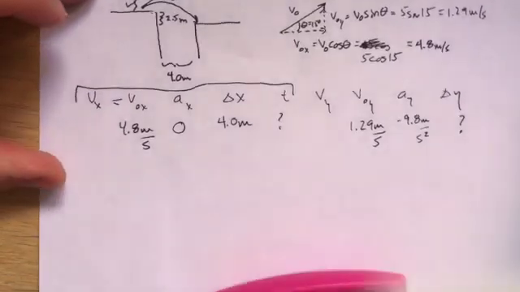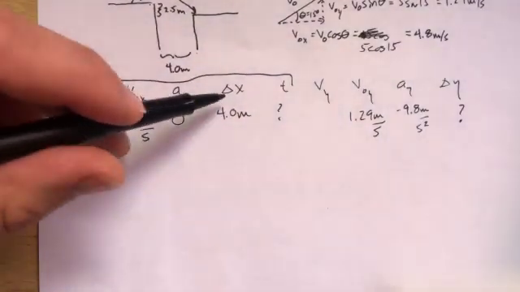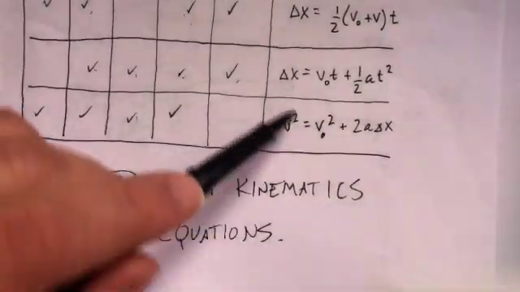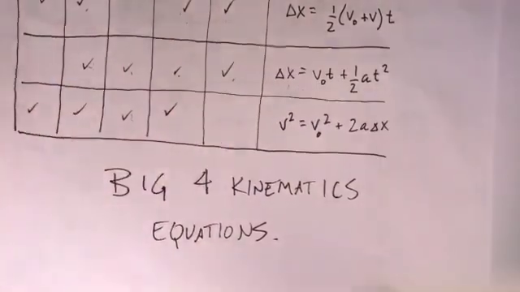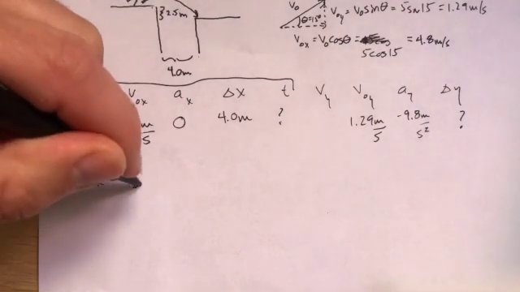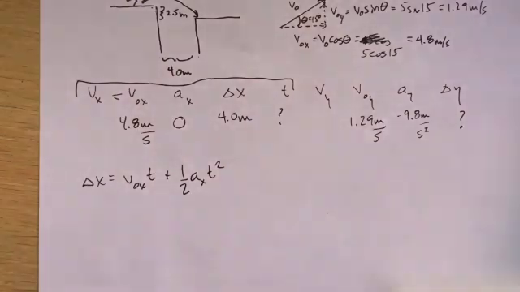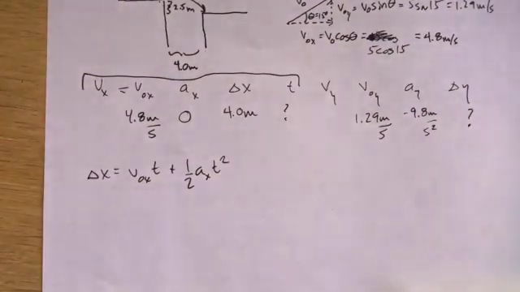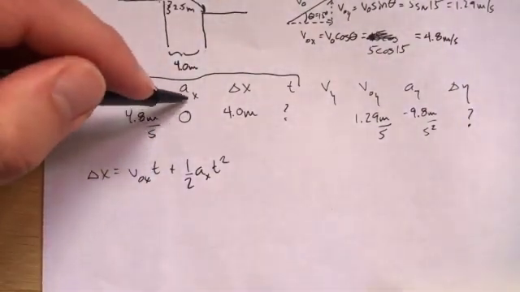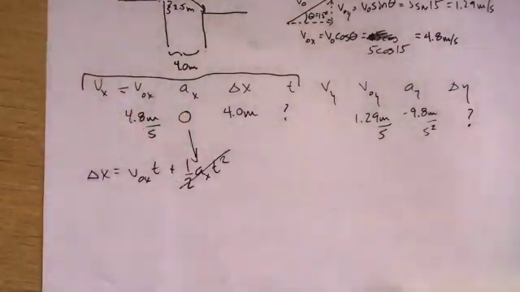So what do I know in the x direction? I know V naught x, ax, delta x, and t. And like so many of these other problems, I can just use equation number 3: delta x equals V naught t plus 1/2 a t squared. So let me write that down. Delta x equals V naught x t plus 1/2 ax t squared. I want to solve for time. Ax is 0, so that whole term goes away.